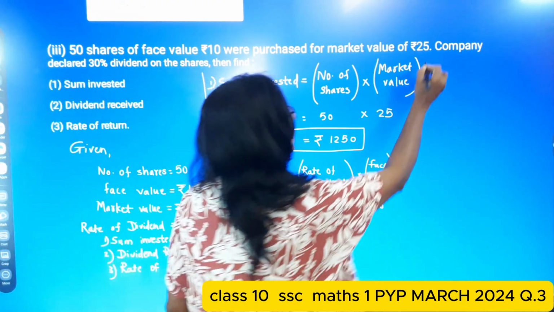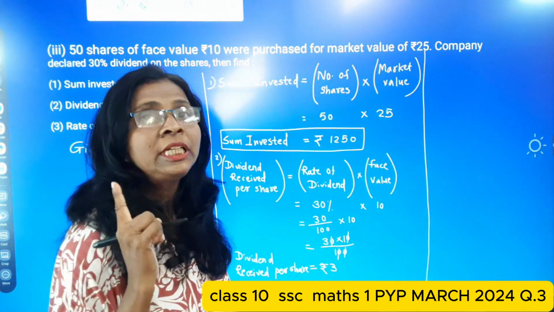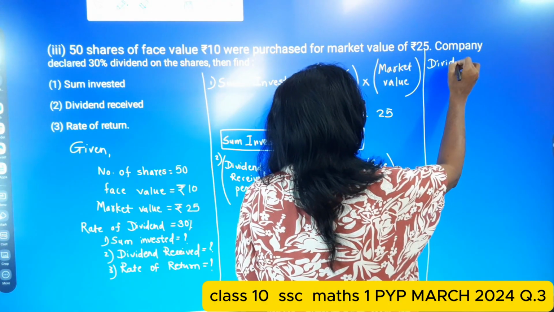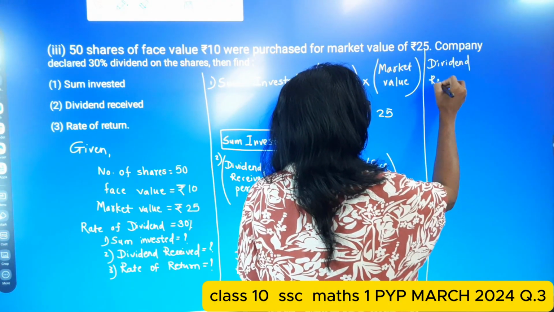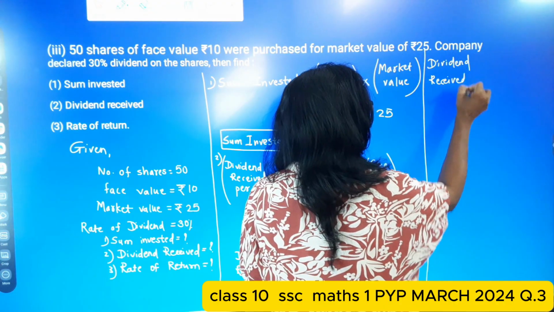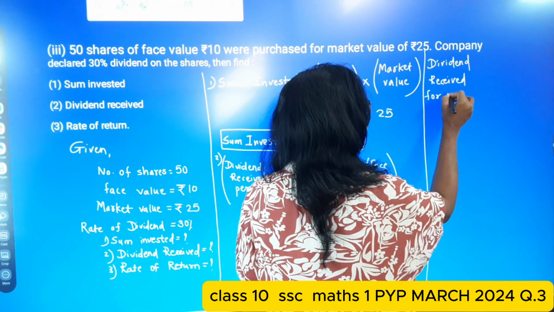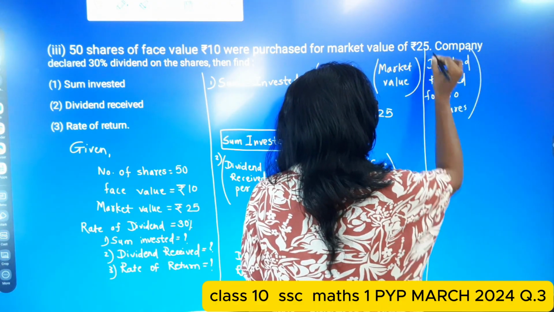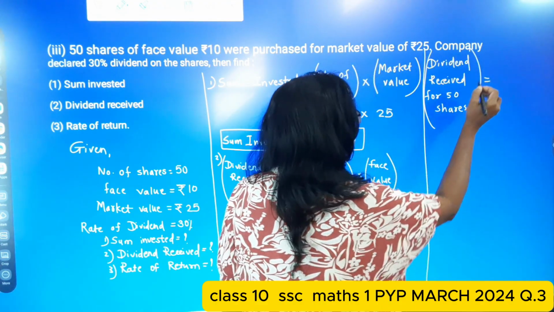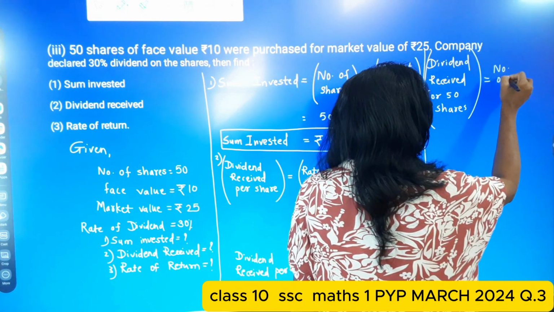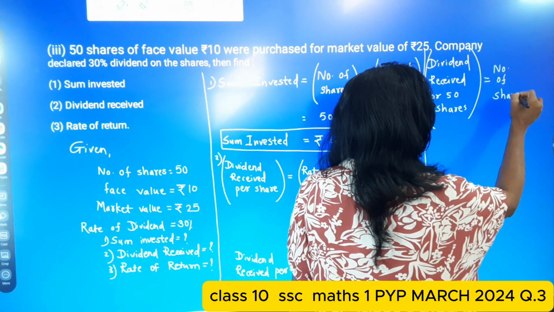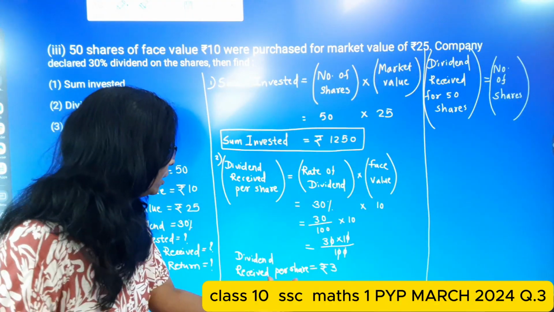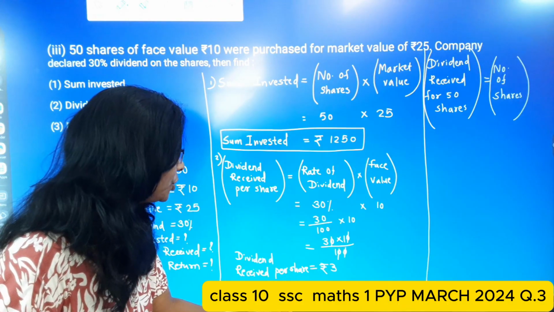Now the dividend received for 50 shares. The formula is the number of shares multiplied by the dividend received per share.